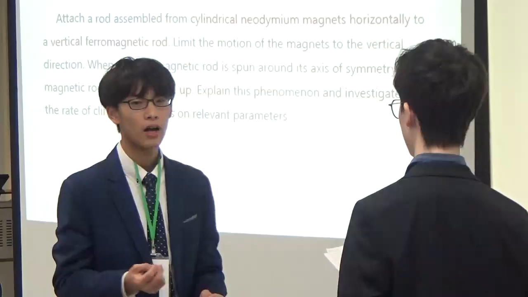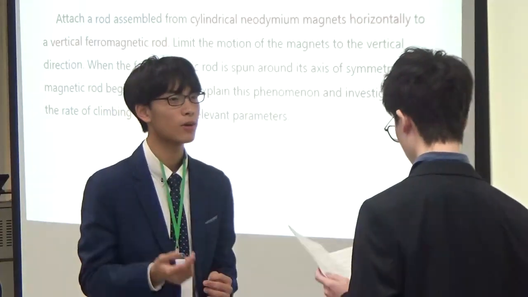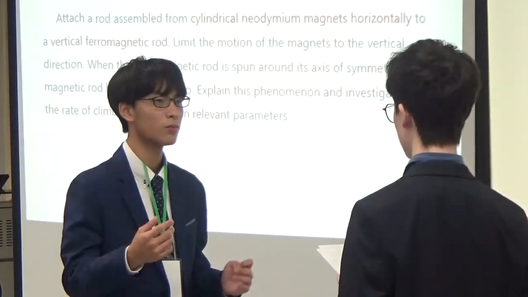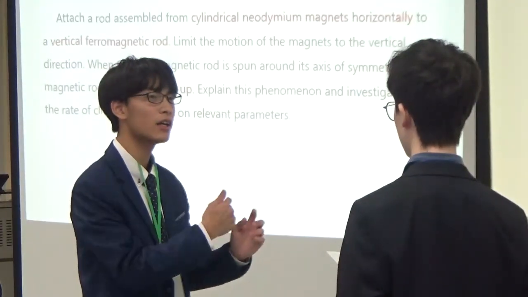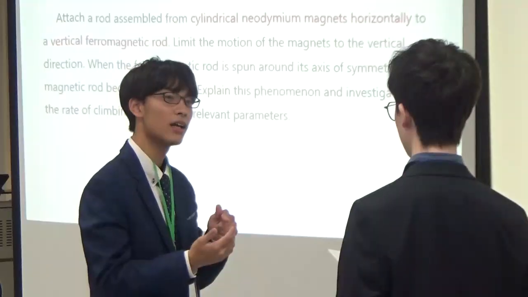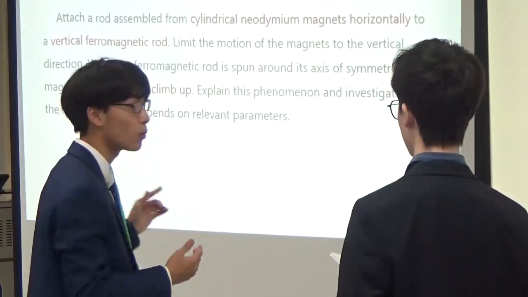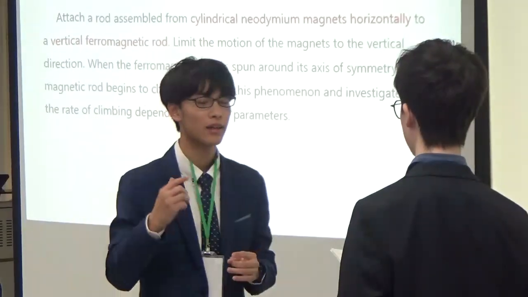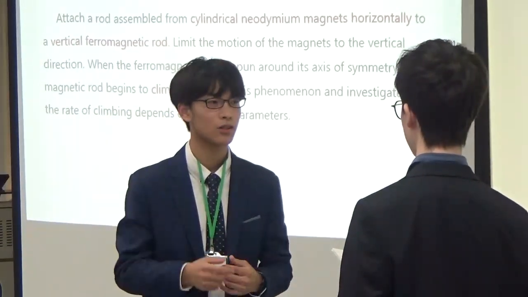Well, theoretically it would cause the magnet to climb slower because it has a stronger normal force towards the ferromagnetic rod. So it would theoretically make the magnet climb slower.